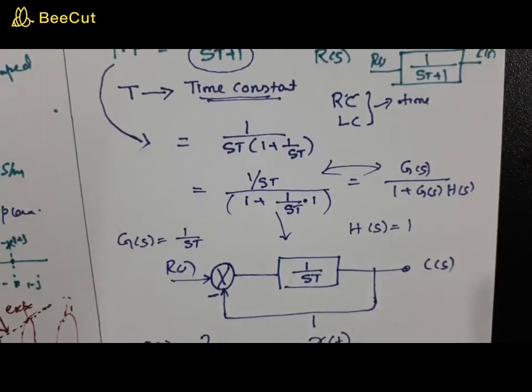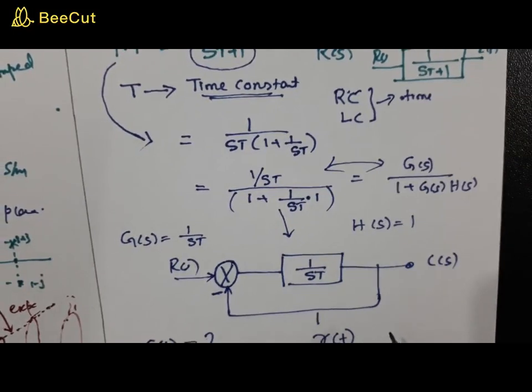Now what are the r(t)'s that you are going to give? We have already studied in our introductory classes, or in the second or third video, I think, something about the test inputs. Why are they called test inputs? Because those inputs are used for testing the output.